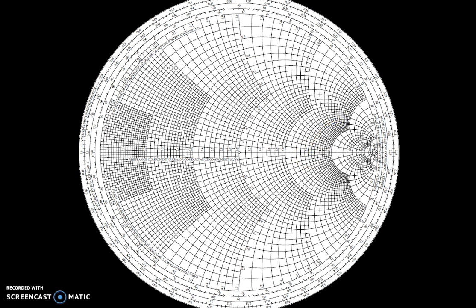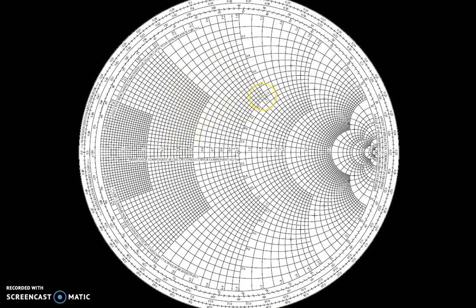Now the other thing is all these semicircles here that are going up, for example this one, and also the ones that are going down, they correspond to the imaginary part of the normalized impedance, so the reactance. The ones on the top are for positive reactance, and the ones on the bottom are for negative reactance.